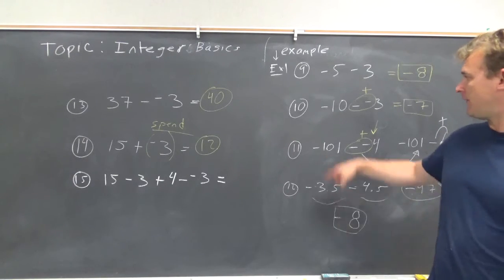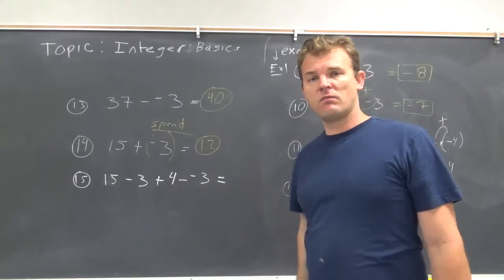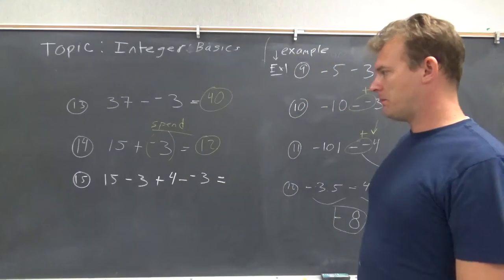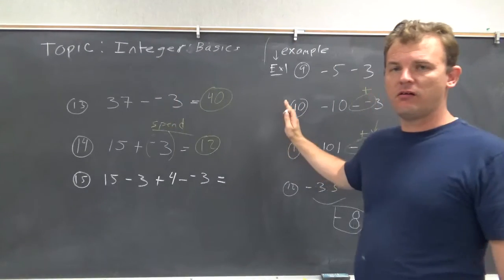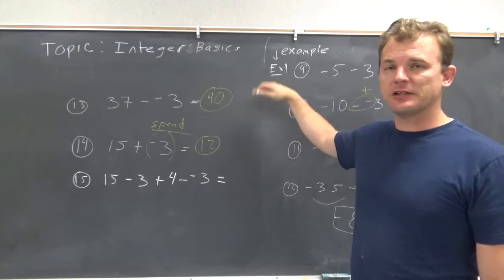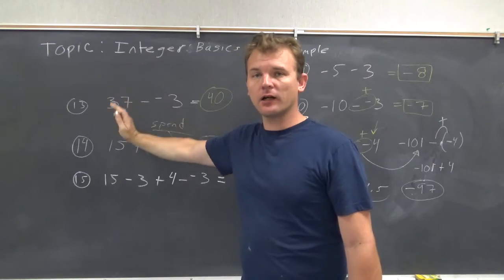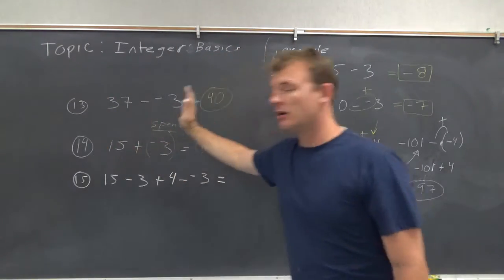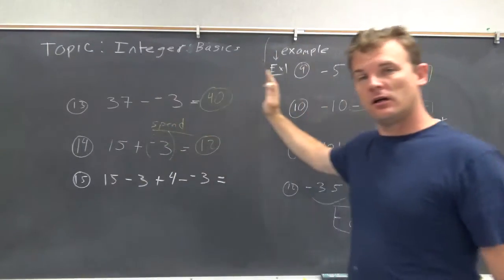So, if you know how to do this, why can't you do this? So, in life, we read left to right. In Japan, they actually read from right to left. But here, we're going from left to right. So let's go from left to right.